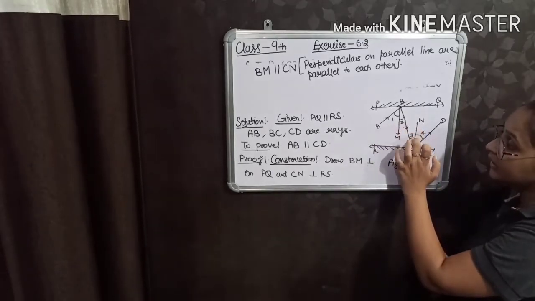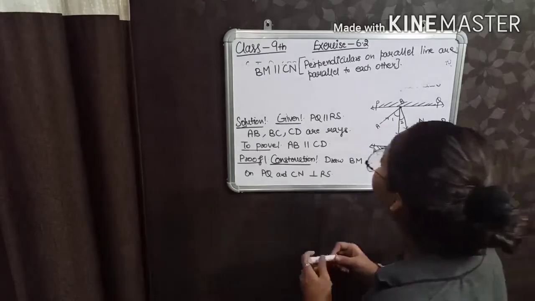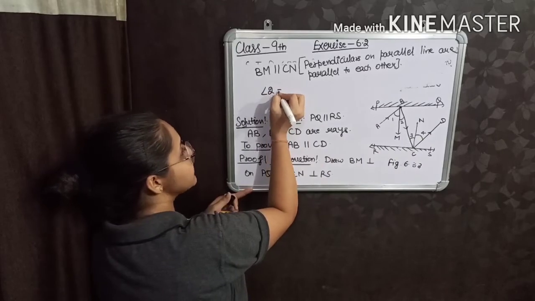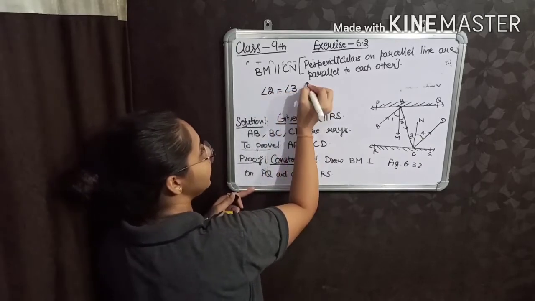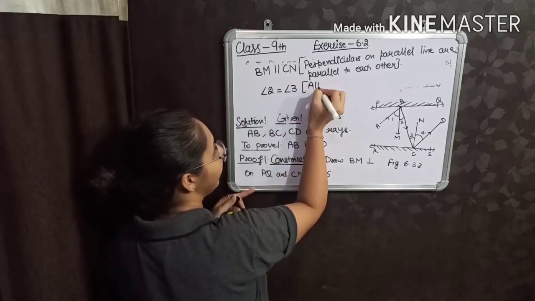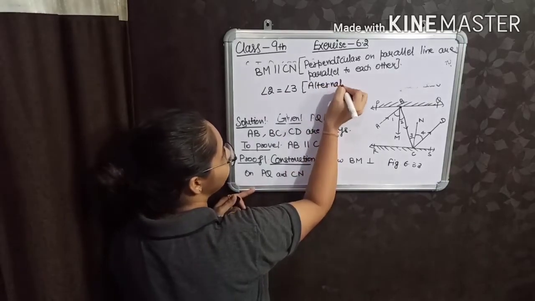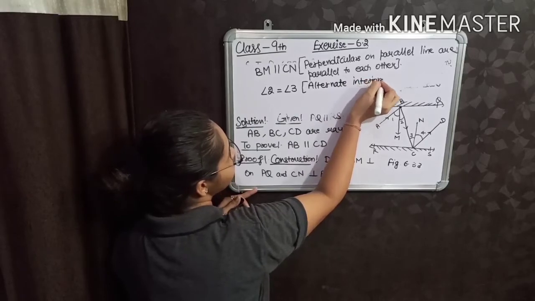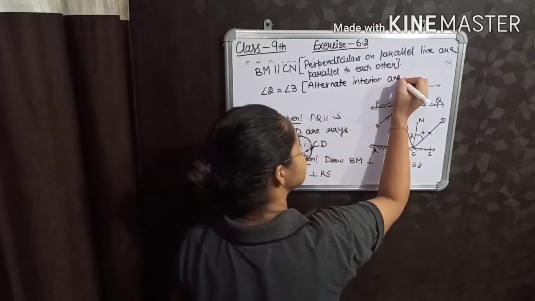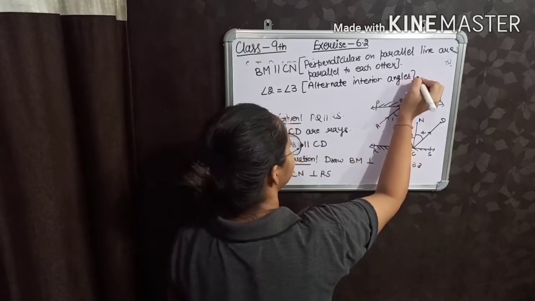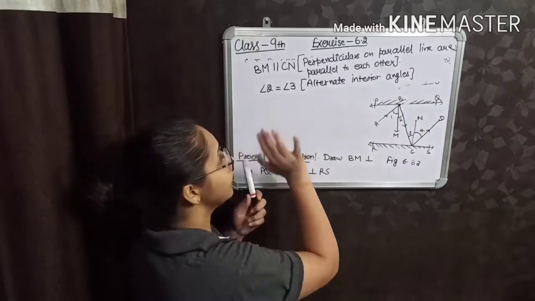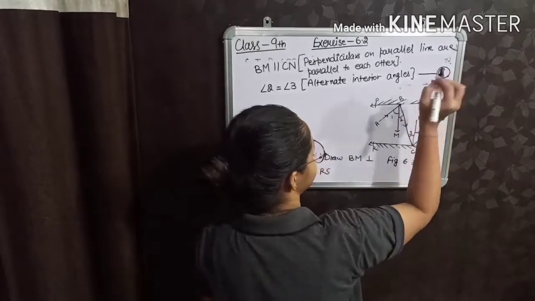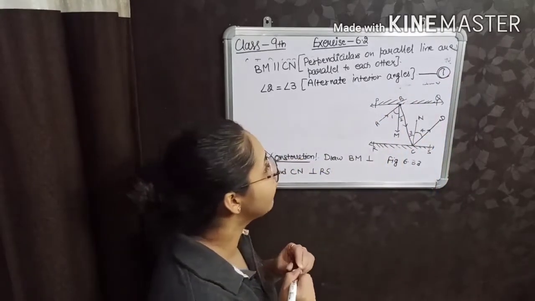Because of alternate interior angles. Angle 2 is equal to angle 3 by alternate interior angles. This is the first equation.